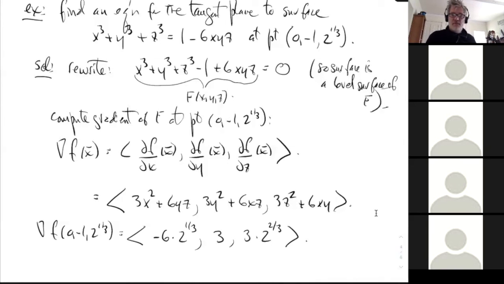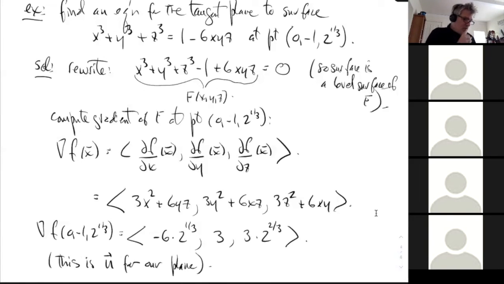If I didn't mess up, that should be it. So that's the gradient at the point we're interested in, and that will be the normal of our plane. You see it's not 0, so everything is great.